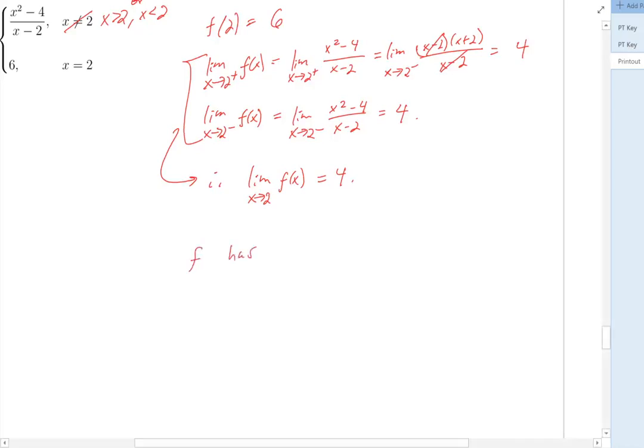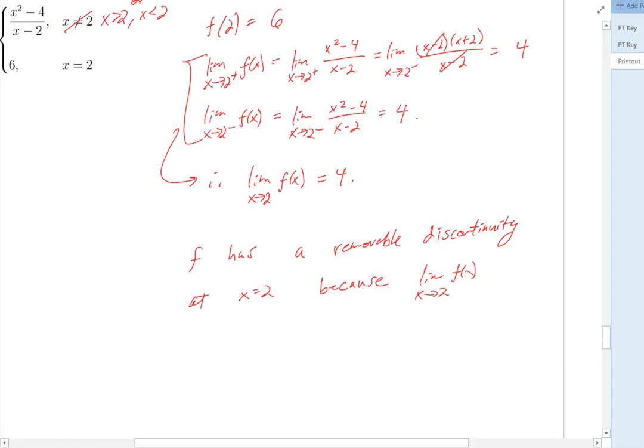f has a removable discontinuity at x equals 2 because the limit as x approaches 2 of f of x exists.